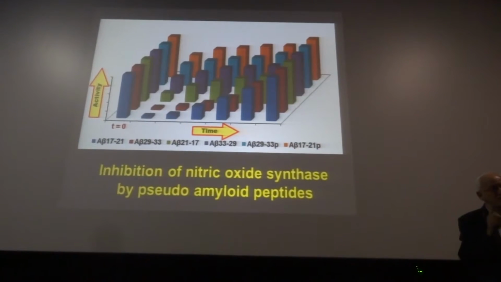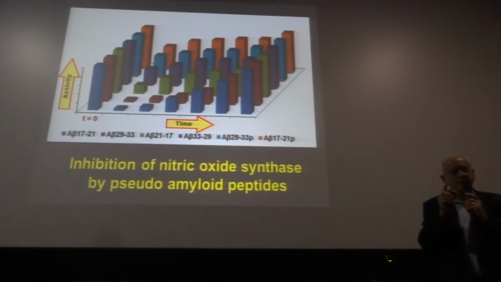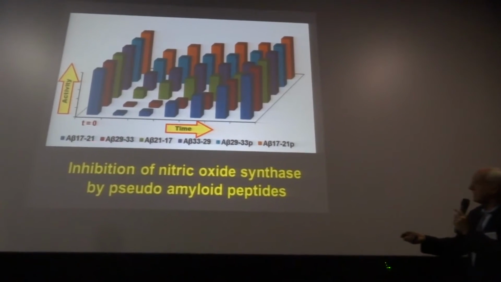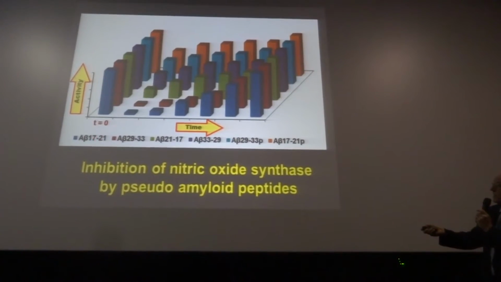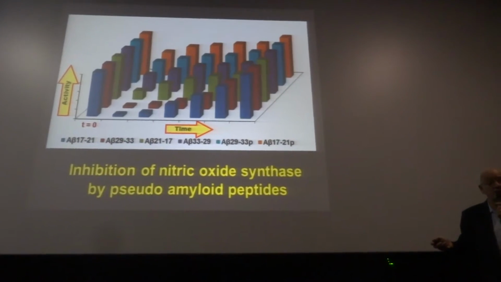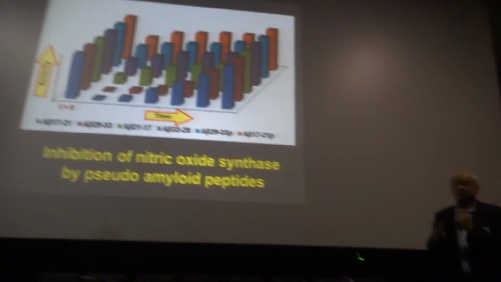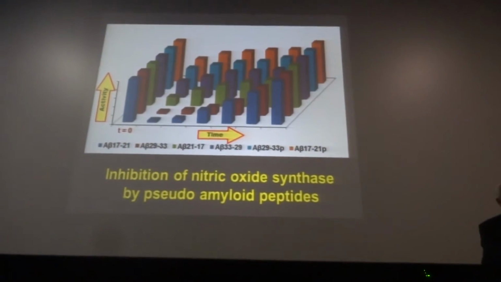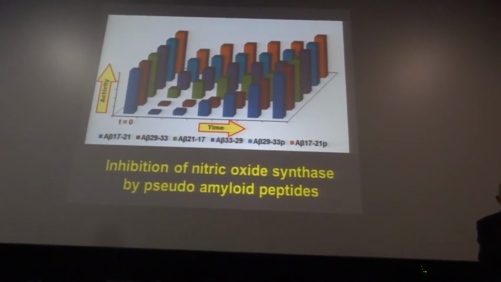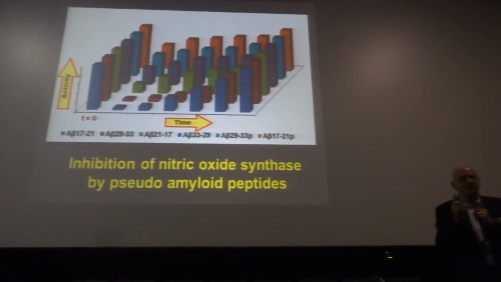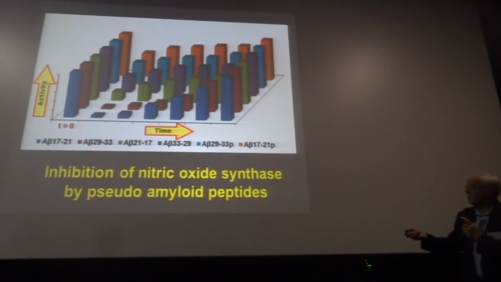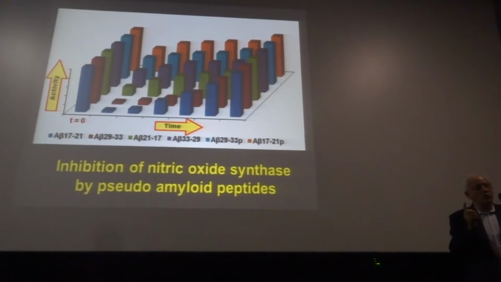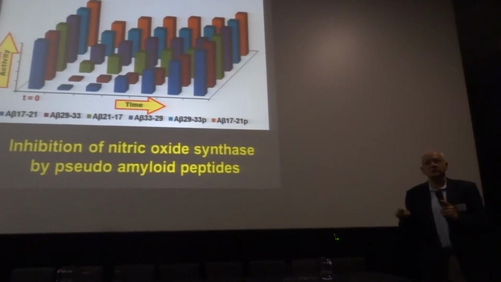So that pointed us that the two phenyl amino acids in the 17 to 21 and the two isoleucine residues in the 29 to 33 were critical to the mechanism of inhibition. The hydrophobic amino acids, phenylalanine and isoleucine, in those four positions were critical for the mechanism of this kind of inhibition.